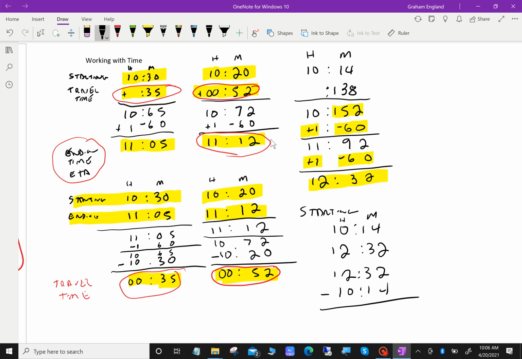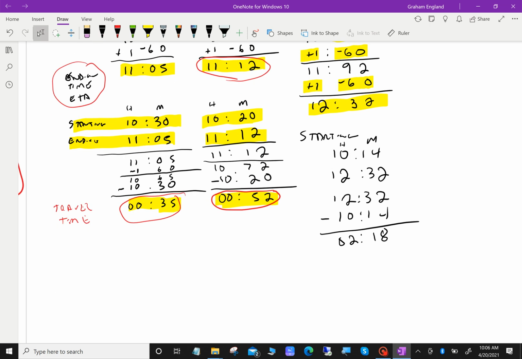So 32 minus 14 is 18. 12 minus 10 is 2 hours and 18 minutes. But we always want travel time to be in minutes so that it'll work when we use a formula.